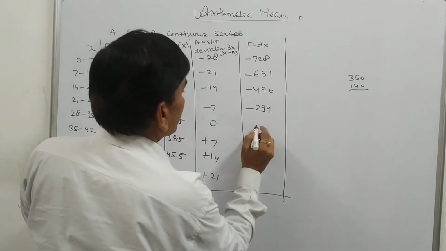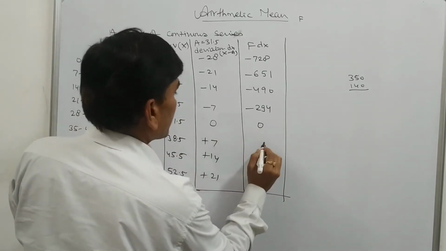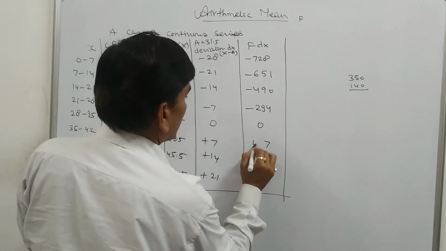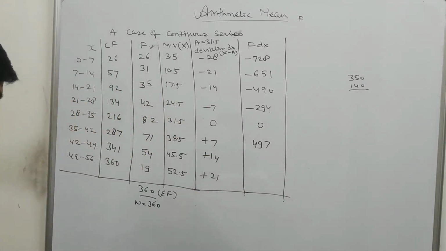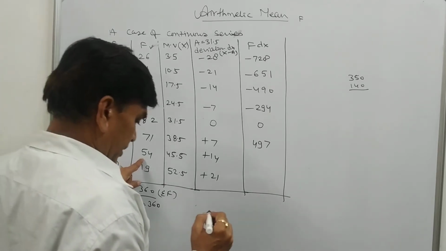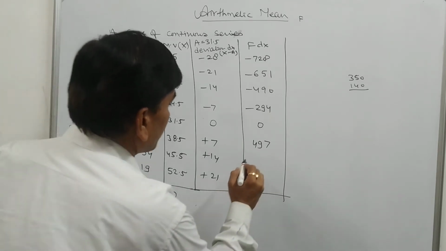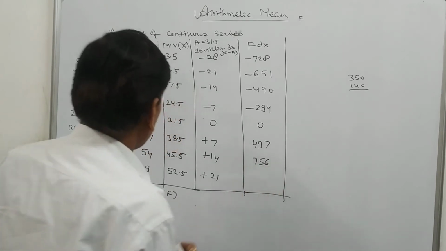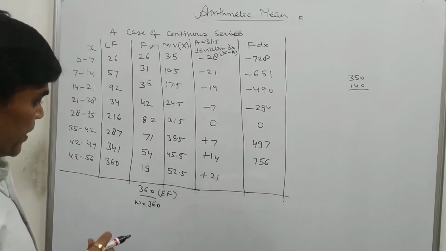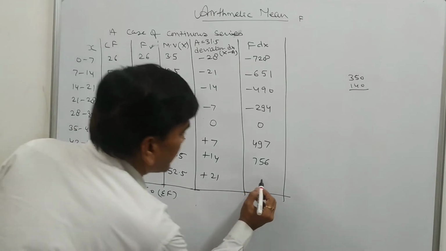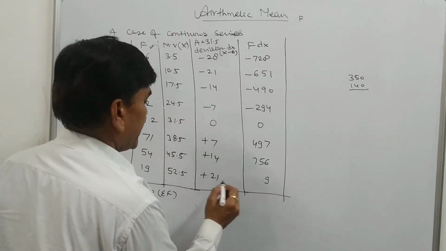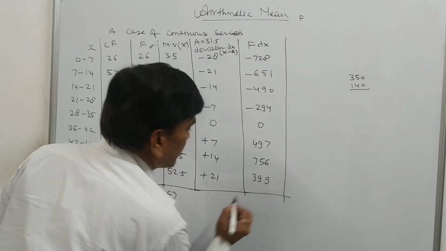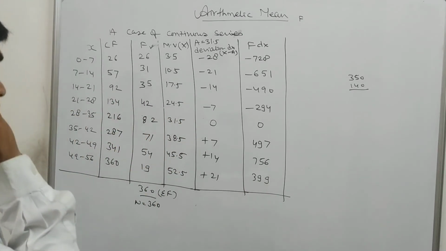82 multiplied by 0 is 0. 71 multiply 7, 497. 54 multiply 14, that is 756. 19 multiply 21, that is 399.